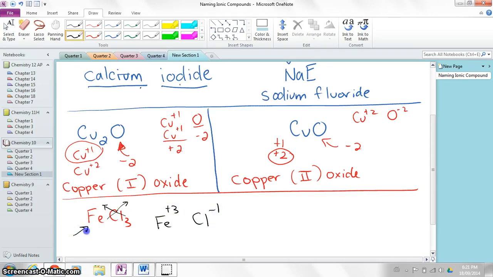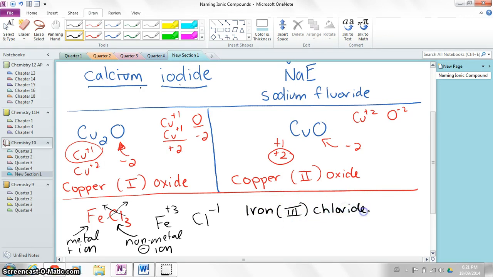Now the first element is a metal, and it always makes a positive ion. And the second element is always a nonmetal, and it makes a negative ion. So that's the reverse crisscross rule. So this substance would be called iron 3 chloride.